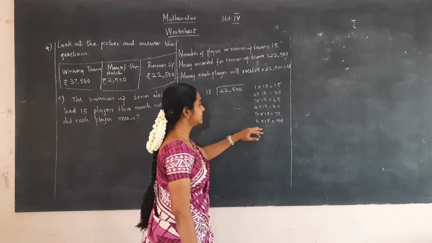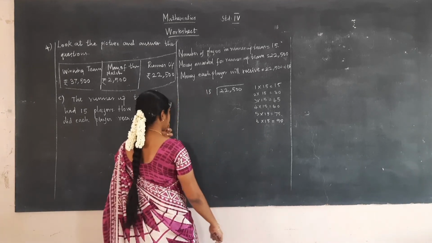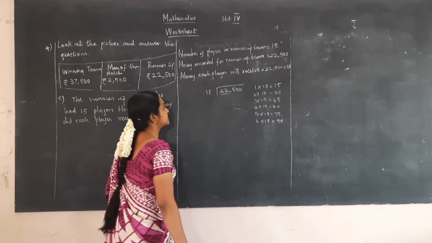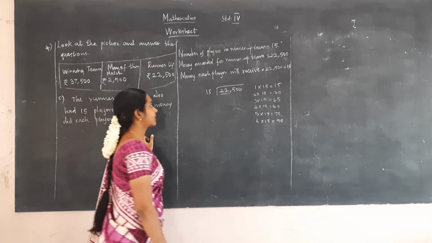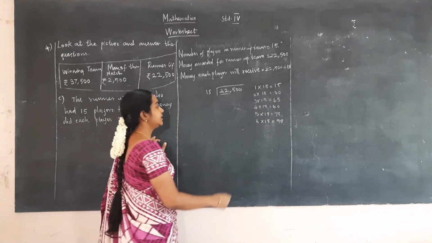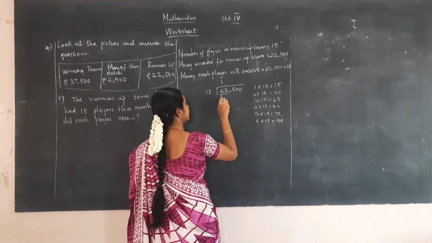I have written till 6. I will multiply if I need it again. First consider the first two numbers, 22. 30 is exceeding 22. So we have to write 1. 1 15 is 15.